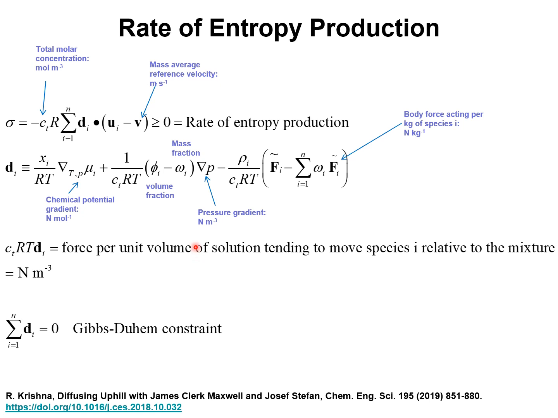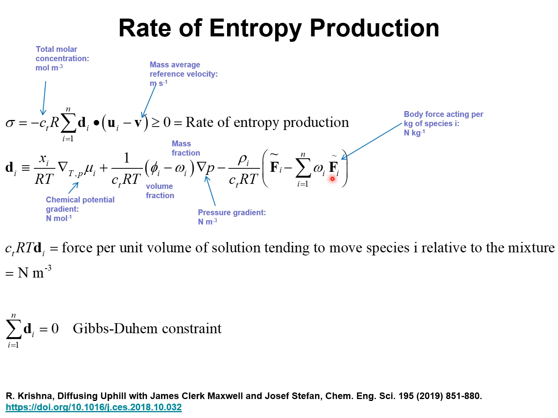The pressure gradients are effective in producing relative transport of component species i with respect to the mixture, provided there is a difference in the volume fraction and the mass fraction. The last term consists of contributions due to external body forces such as centrifugal forces and electrostatic potential gradients.